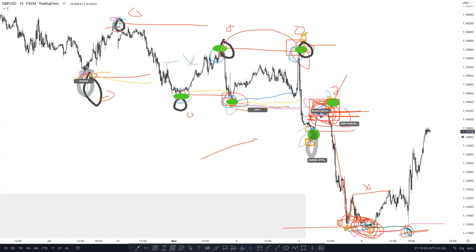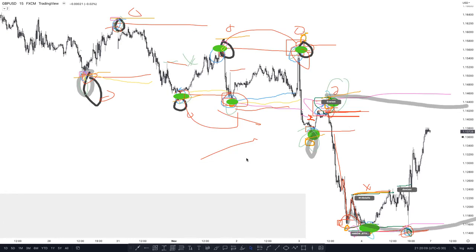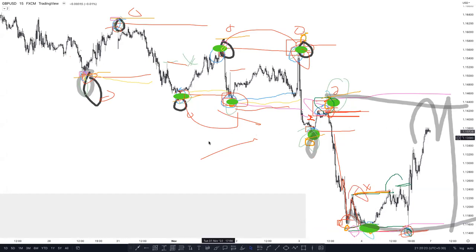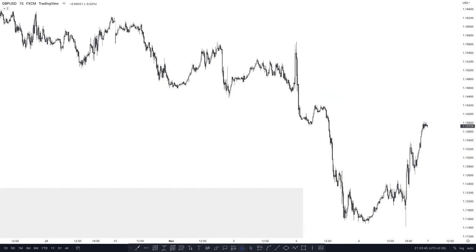Okay. Perfect. Okay. So in this case, as you can see, market momentum is completely bearish and continues pushing to the downside.